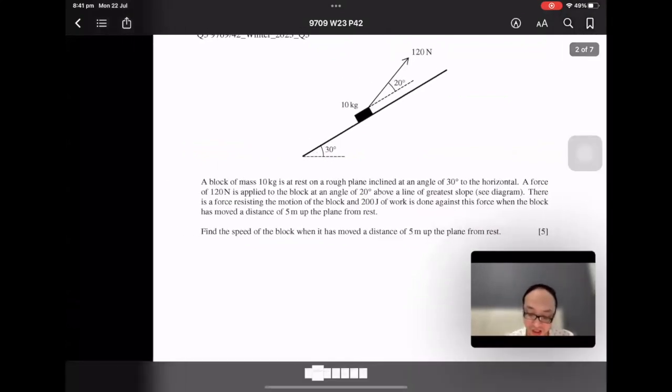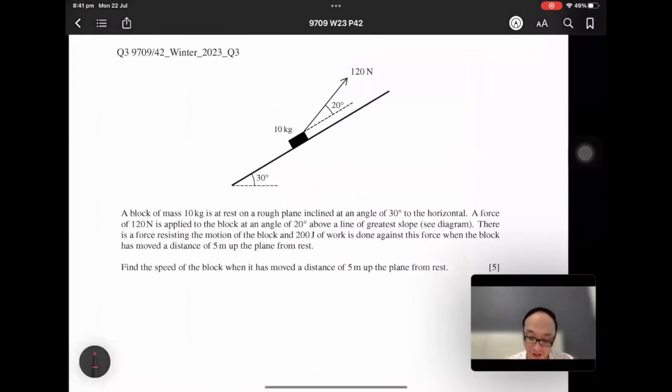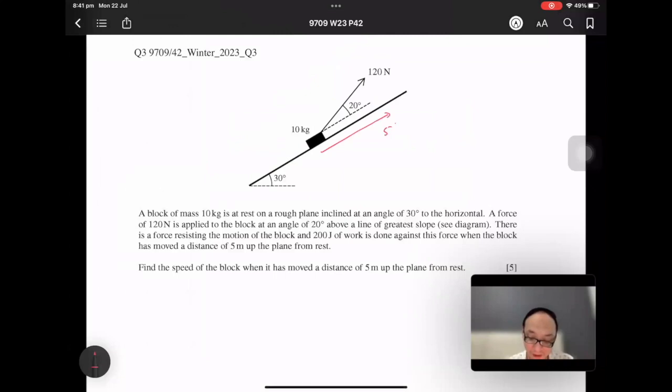So it travels 5 meters, starting from rest. Find the speed of the block when it has moved the distance of 5 meters up the plane from rest.